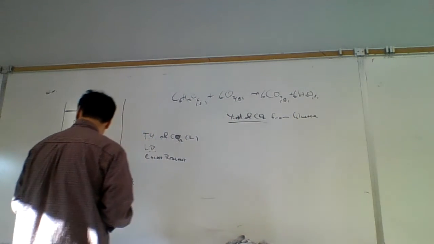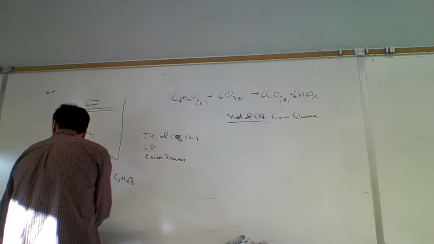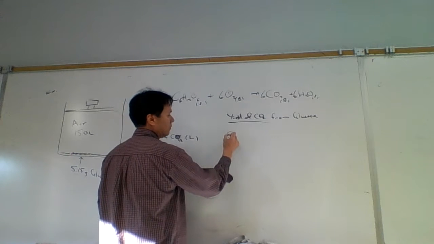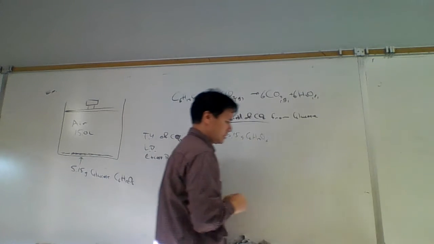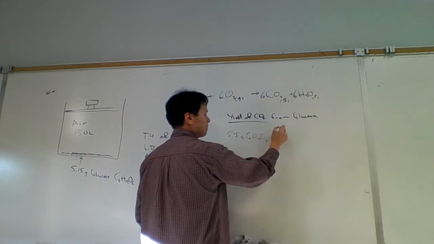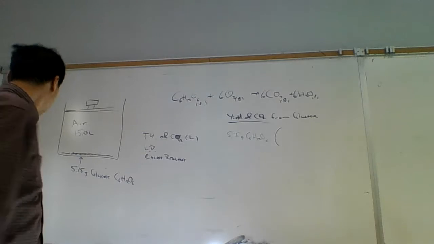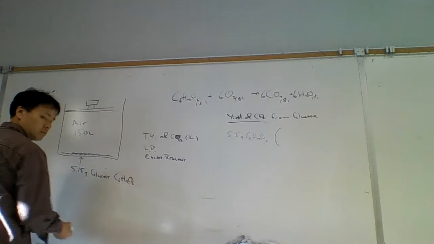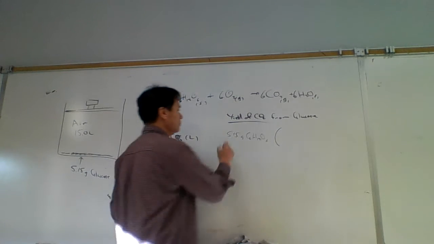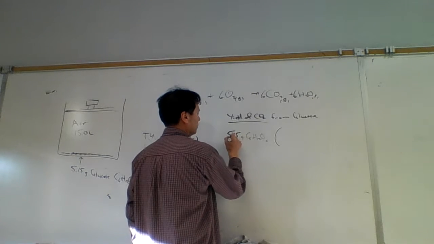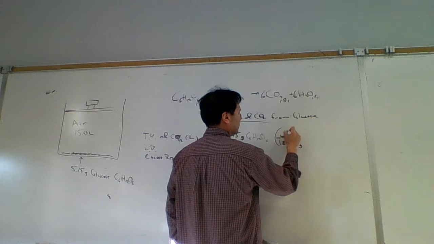To do the yield of CO2 from glucose, we're going to start off with 5.15 grams of glucose, C6H12O6. Then we're going to get the molar mass. Did you calculate the molar mass? 180.18 grams per mole.